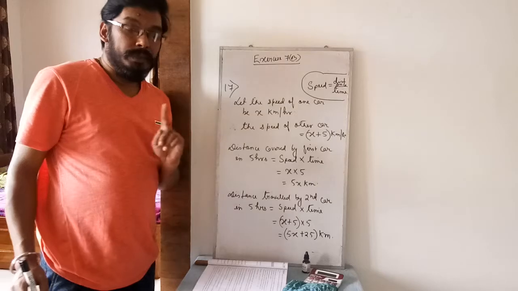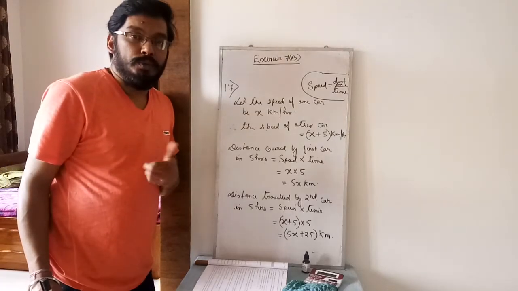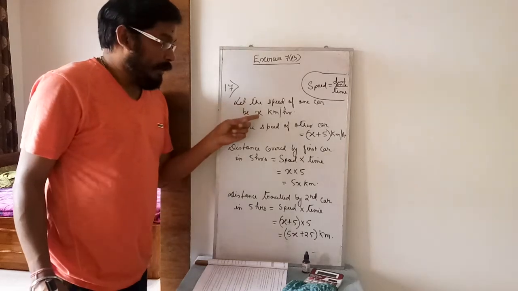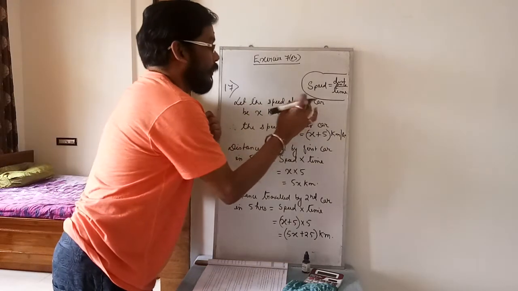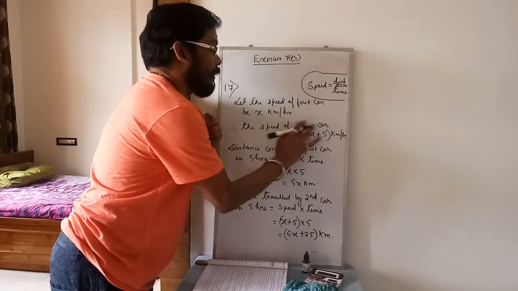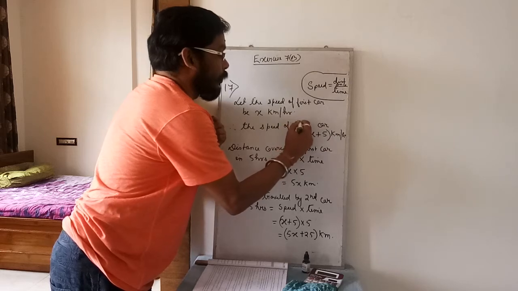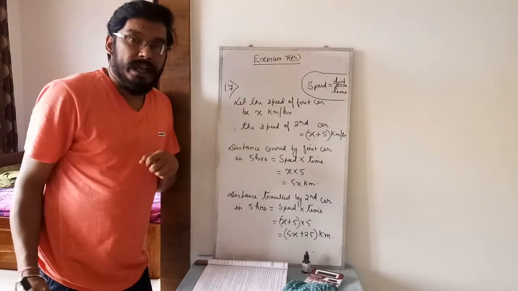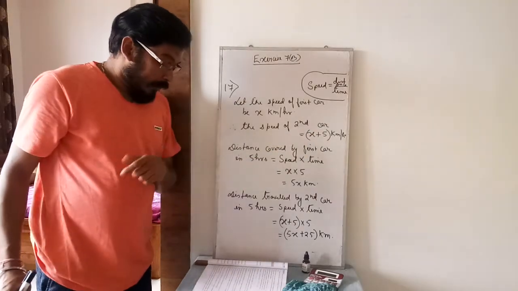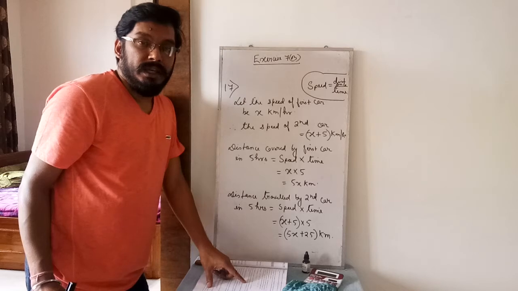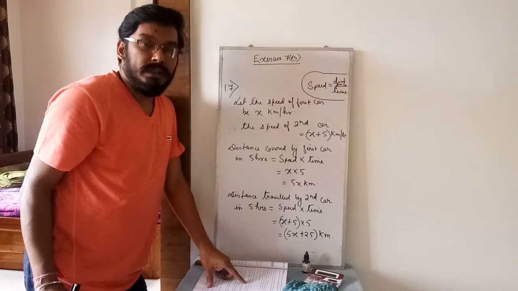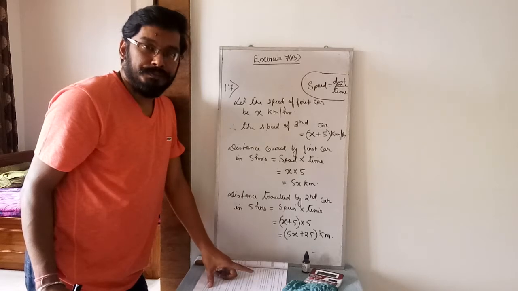Let me repeat, the difference of speed between the two cars is that one car's speed is 5 km per hour more. I have taken the speed of one car, you can write here first car, as x, and the other one will be 5 km per hour more, x plus 5. 425 km is the distance between the two cars at the end of 5 hours.